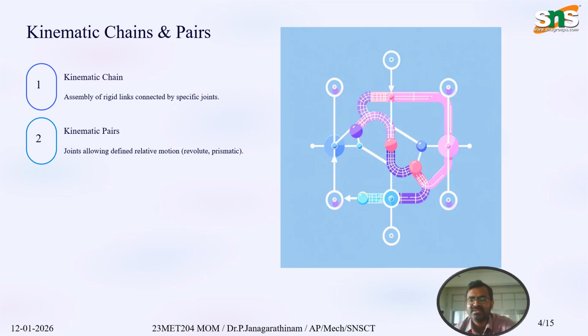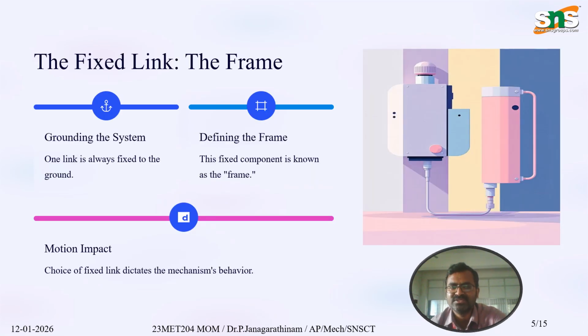Links are nothing but movable combinations of two joints. There is the fixed link, the frame, grounding the system. One link is always fixed to the ground because we have to fix the base, and only then can we fix the other relative joints as well as the links.